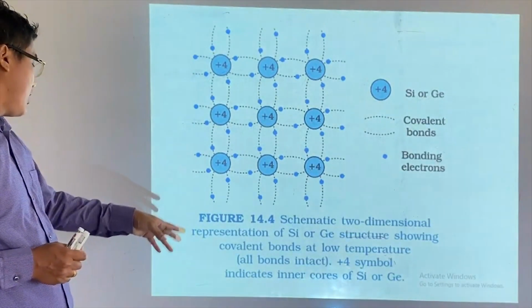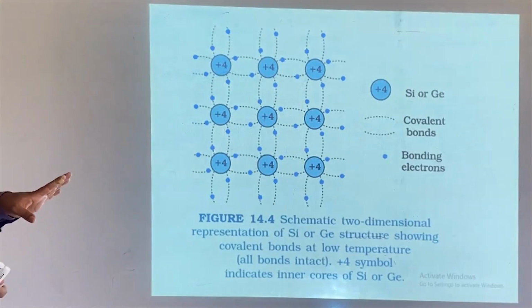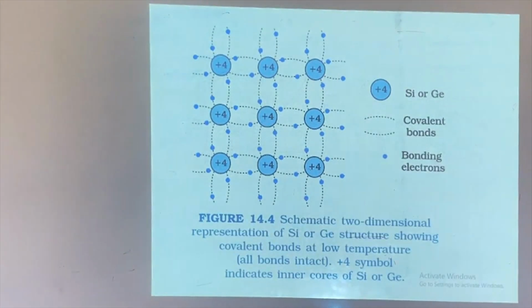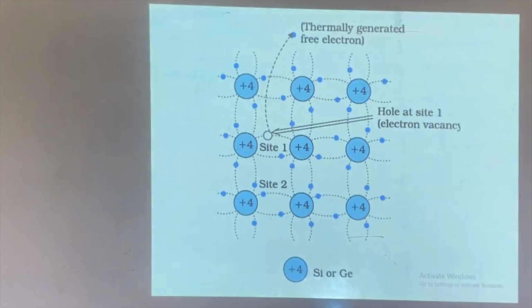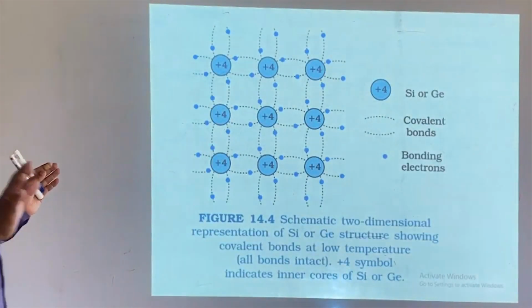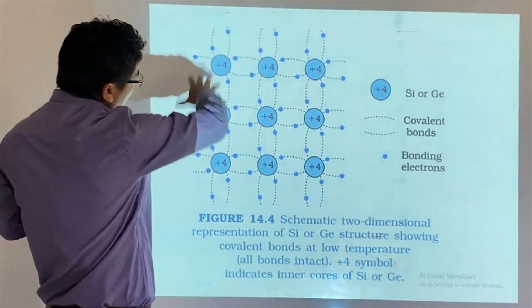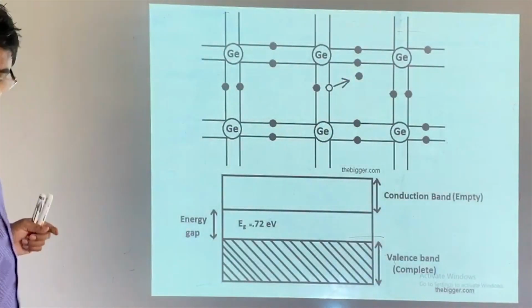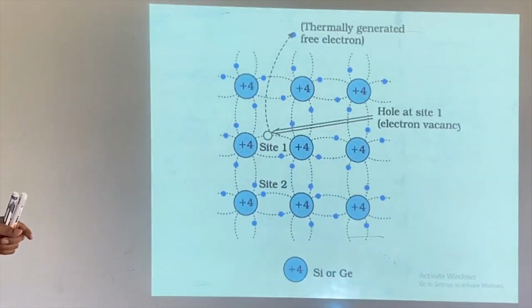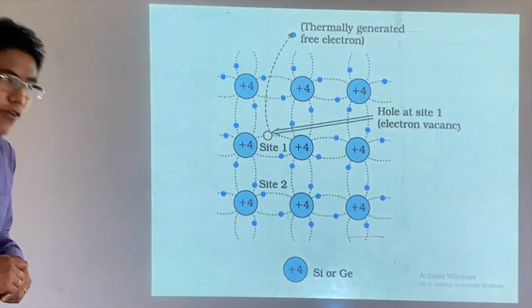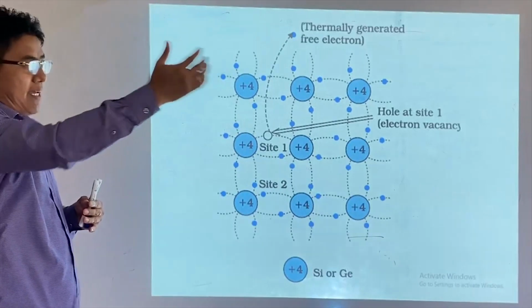Schematic two-dimensional representation of silicon or germanium structure showing a covalent bond at low temperatures. That means there are no electrons available, right? At this temperature no electrons are available in the conduction band, so all electrons are in the valence band. Now at room temperature, a few electrons can jump into the conduction band.